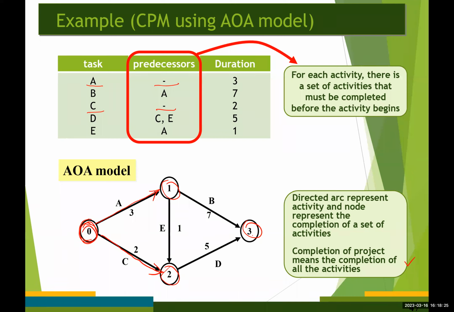And also the finish node, in our case node number 3, represents the completion of the project and has to be included in the network diagram, okay? What else? I think that's it, right?